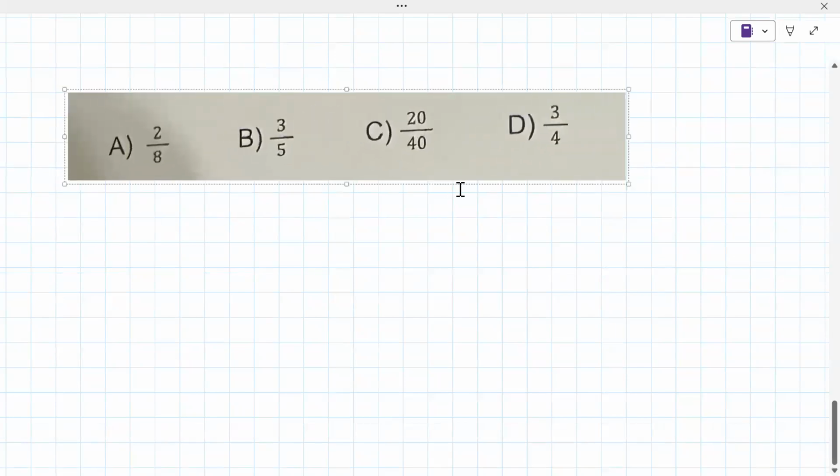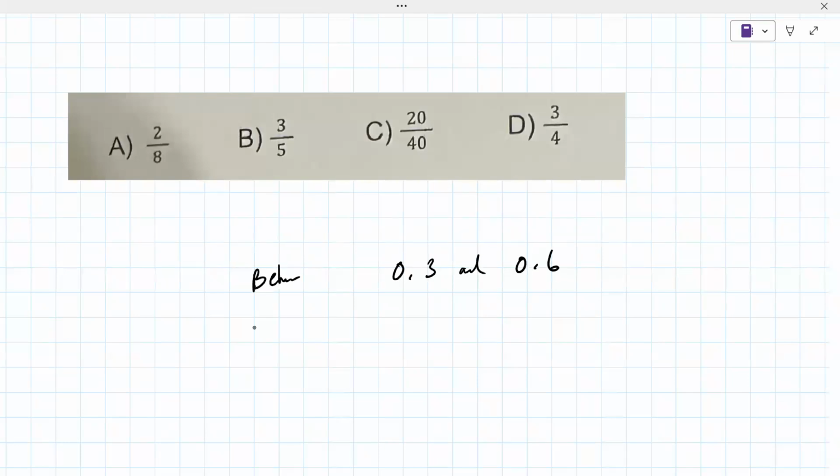Right. So let me have you figure out which of these is between 0.3 and 0.6.